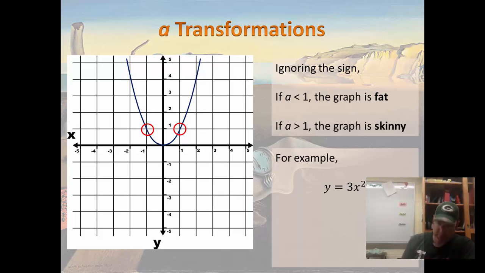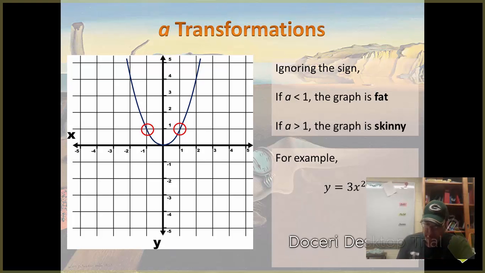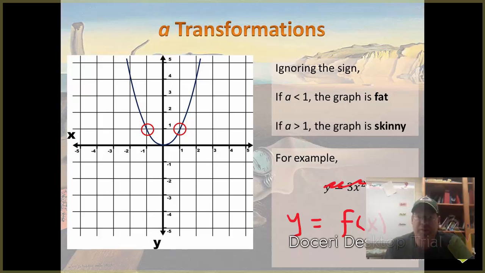Now let me explain why this is. Just think about f of x as your standard function. What happens to that graph if I put a 3 in front of it?